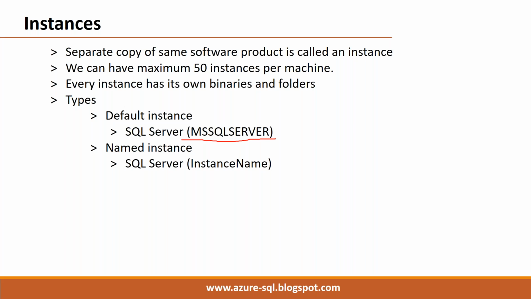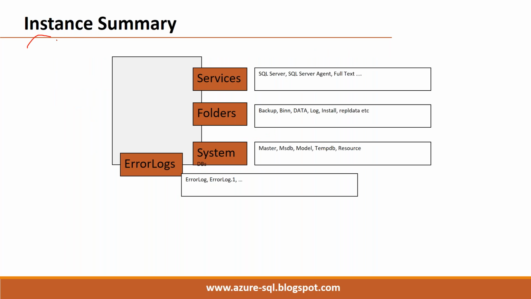Its instance name is equal to the system name, but its service name is MS SQL Server actually, whereas for a named instance there is an instance name. Instance summary here is a very, very important point.